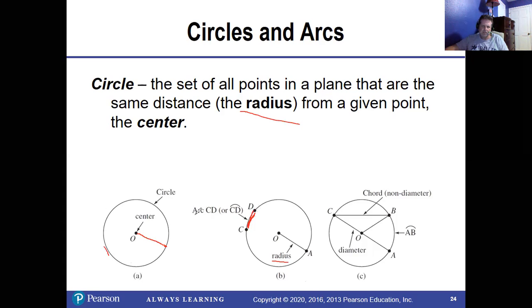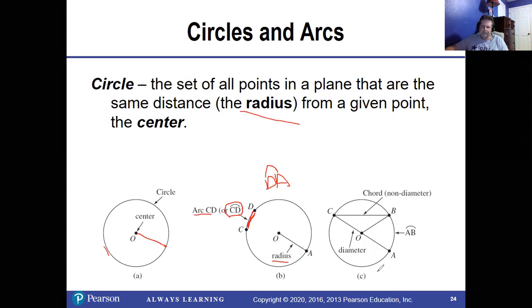Notice it says arc CD, with this little symbol with the arc on top of it, not a straight line. That represents the arc CD. There's also an arc DA, and we put the arc symbol. That's not a very good arc, but there you go.